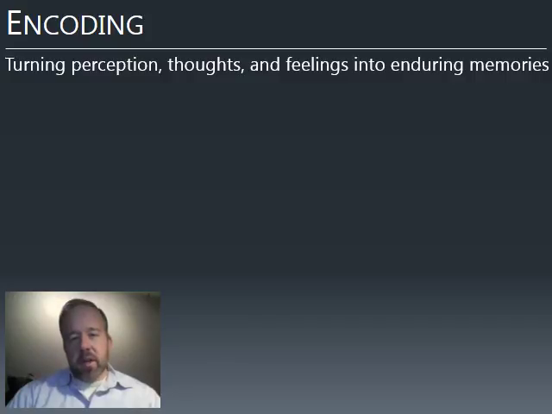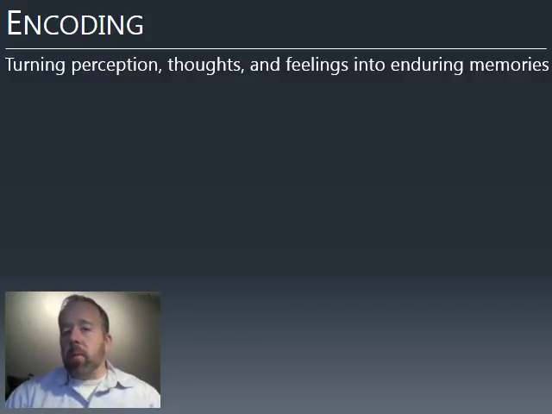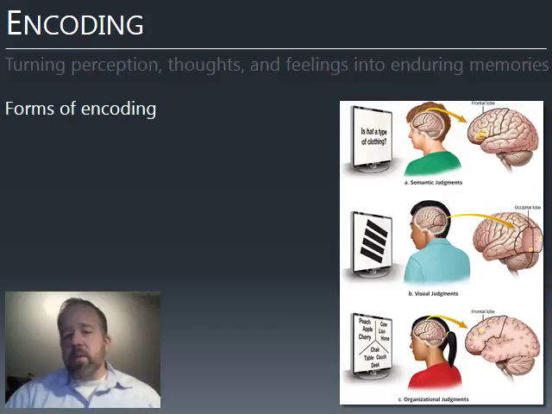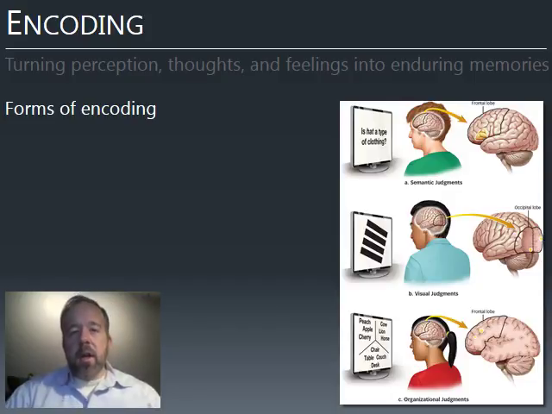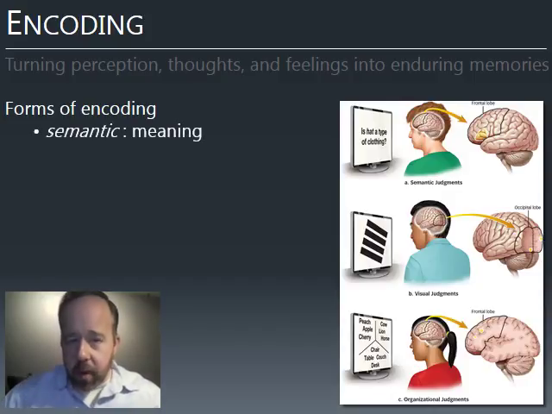We have to get that information from the environment or from our own psychological processes into some form that can be stored. And there are different forms of encoding that depend on the kind of information that we're presented with. And here we're going to focus on information from the outside world, not so much our own thoughts and feelings. So there's semantic encoding.